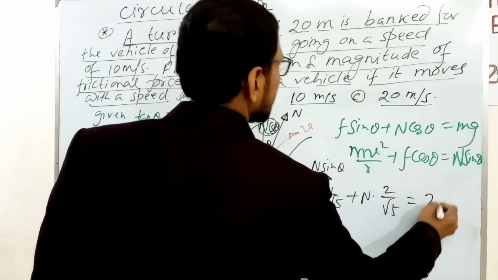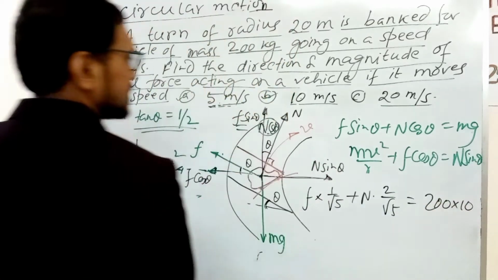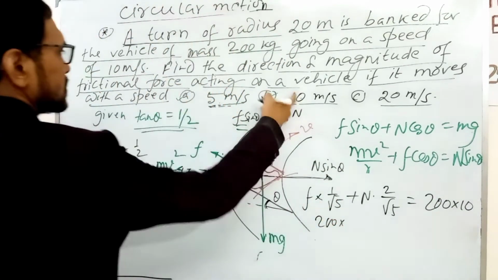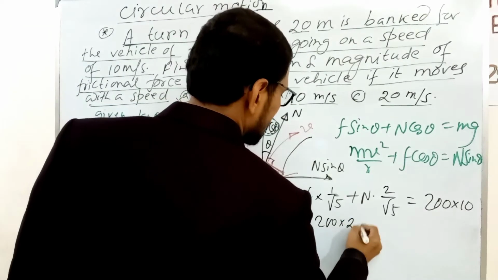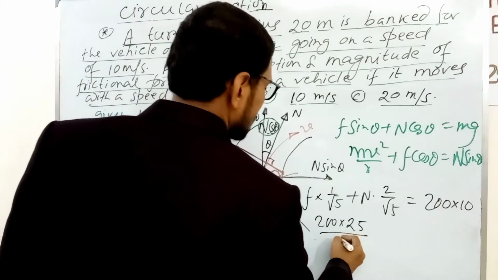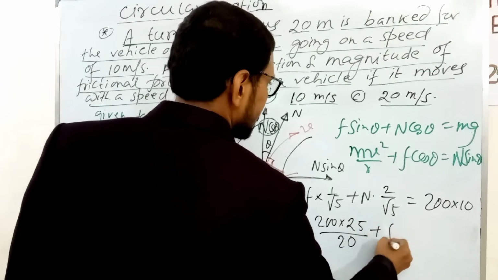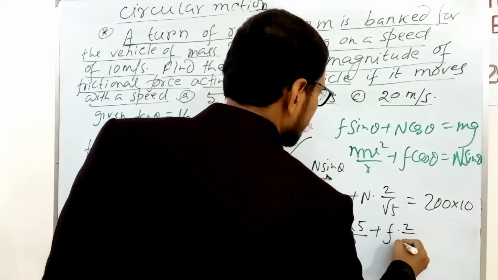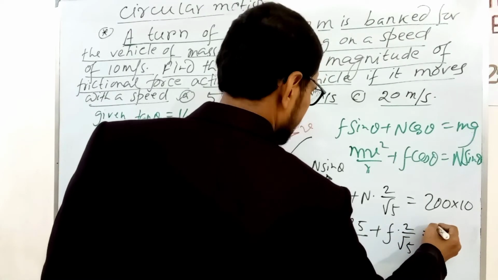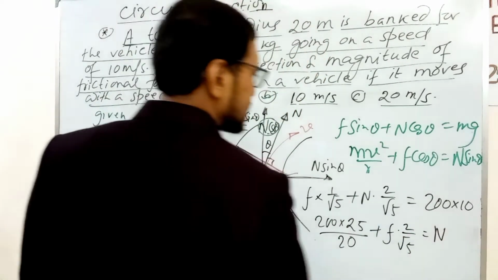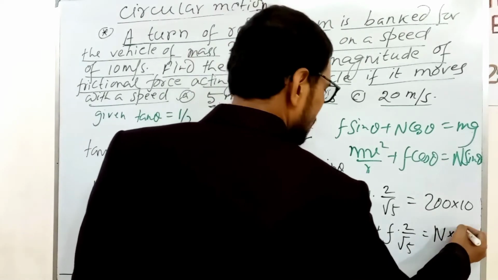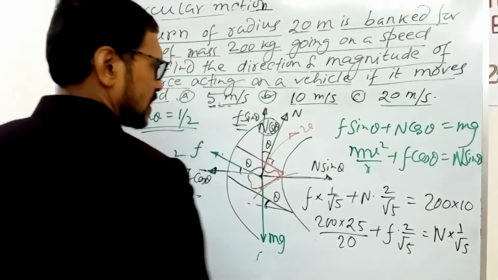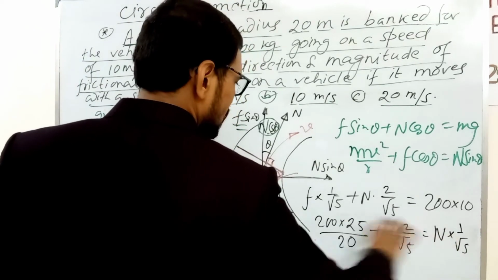Weight equals 200 into g 10, and mv square by r is 200 into v square, that is 25 over r equals 20, plus f cos theta, 2 by root 5, equals n into sin theta, 1 by root 5. So now n minus this equals this, balance this.